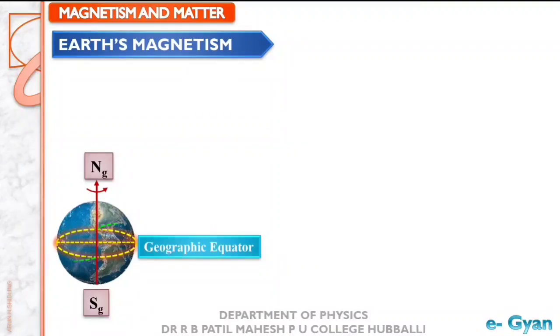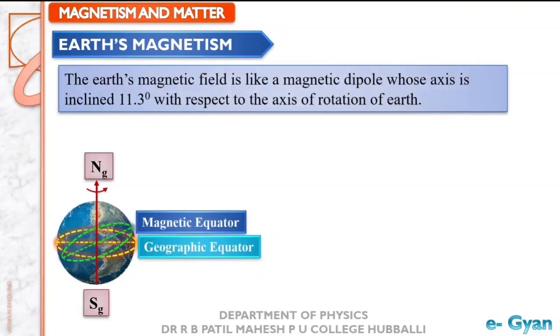Slightly tilted to this, we have one more equator, which we call the magnetic equator. For this magnetic equator, we can draw an axis. That axis is 11.3 degrees tilted with respect to the axis of rotation of Earth, which you can see here.